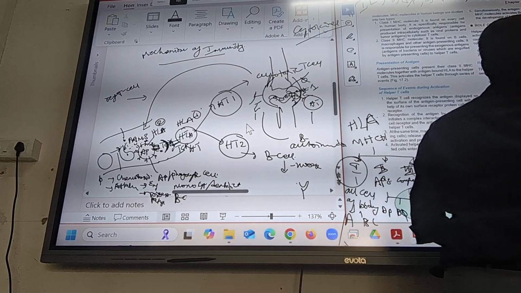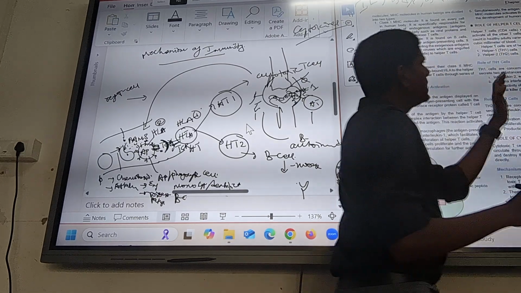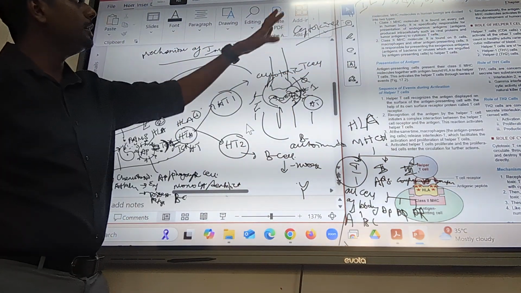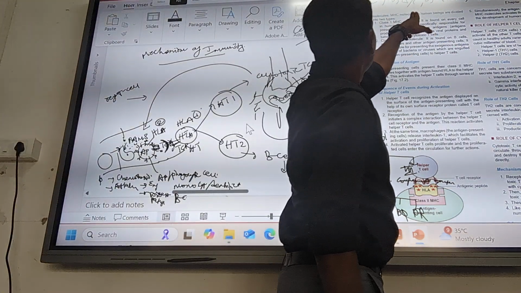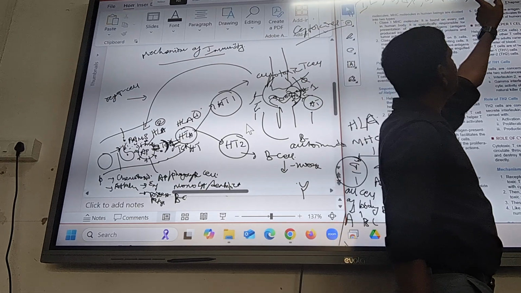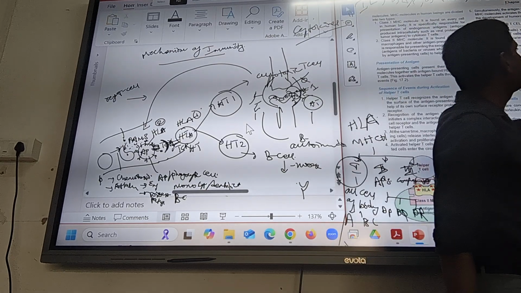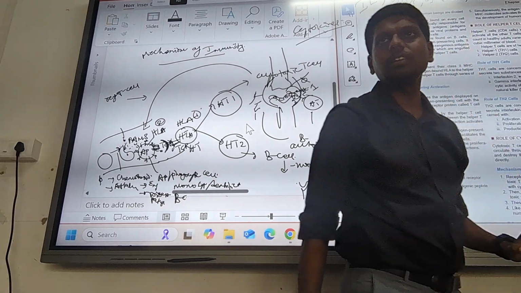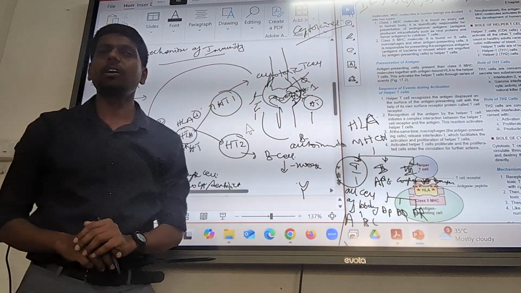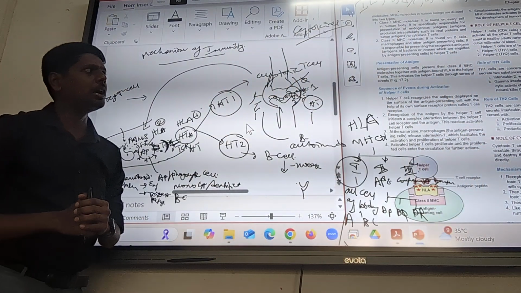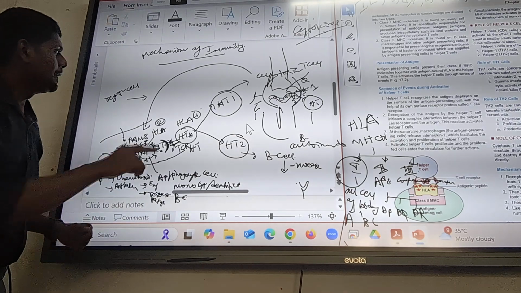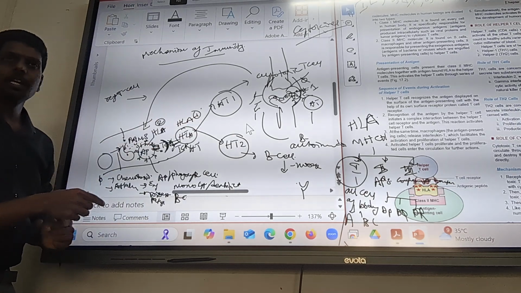So these are the 7 types of cytokines we have. Interleukins, interferons, tumor necrosis factor, chemokines, defensins, cathelicidins, and platelet activating factor. These are the 7 types of chemicals or cytokines. Clear?